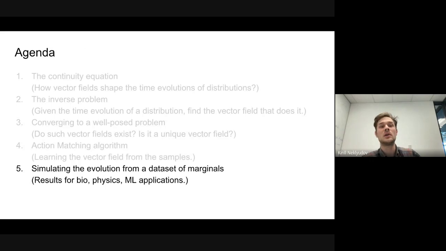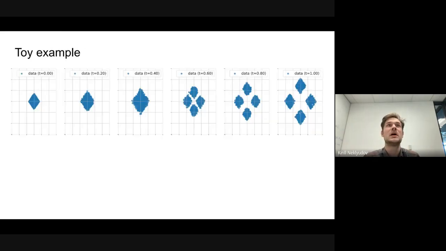So let's look at some examples. This is a very toy example, but let's say that we have this data. Once again, we don't know the process that generates these data, and we have these snapshots. We have more data at any time t, but I just visualize these snapshots.